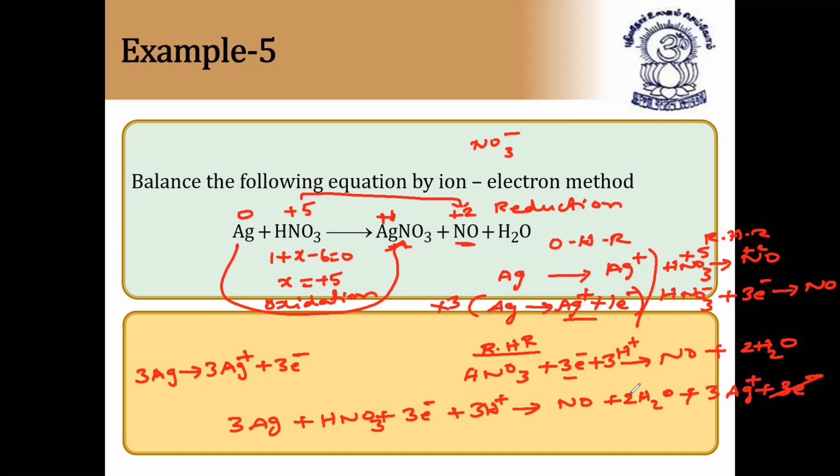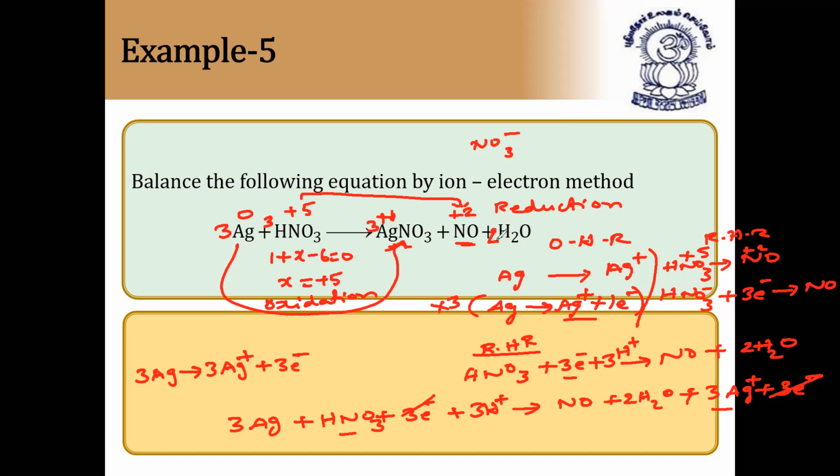So this 3 and this 3 get cancelled. Add up these two equations, and HNO3 is 1 and here silver is 3. So automatically you'll get 3AgNO3, 3Ag. So 3AgNO3 means 3HNO3. So NO is only 1 and water is 2.